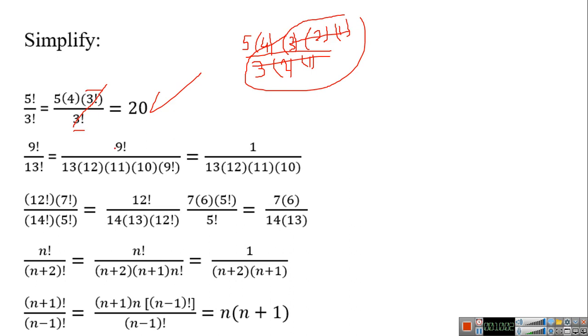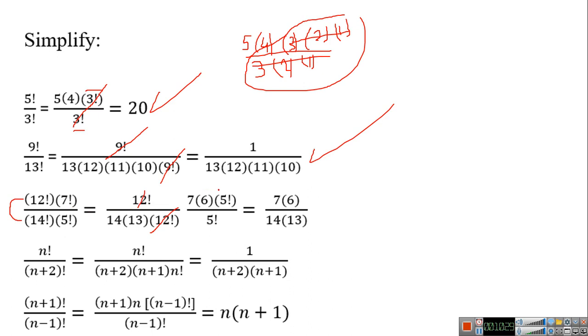9 factorial over 13. I know 9 factorial is 9 times 8 times 7 till 1. 13 factorial is 13, 12, 11, 10, 9 till 1. So instead of writing 9 till 1, I write it as 9 factorial. 9 factorial and 9 factorial simplify. I can simplify 12, 14. 14 is bigger than 12, so 14, 13, 12 factorial because I have up to 12.